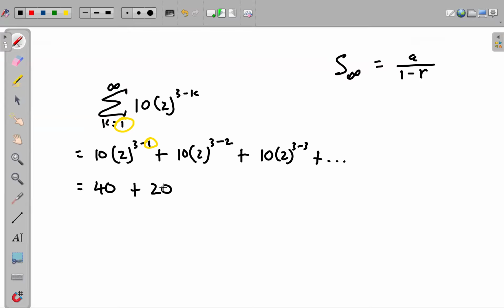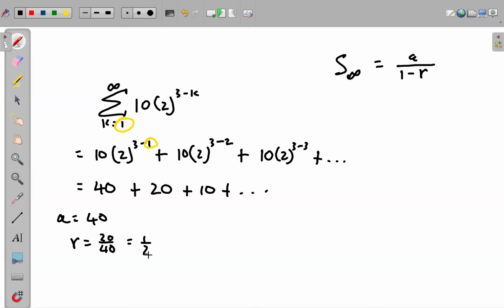This one will be a 20, and this one will be a 10. When you continue with this, it turns out that a is 40 and r is a half, because you go 20 divided by 40, which is 2 over 4, and that is basically a half.